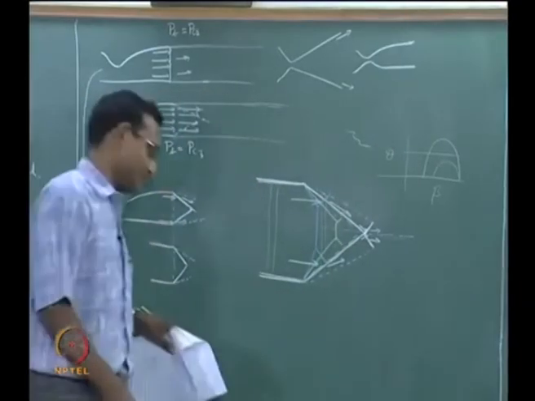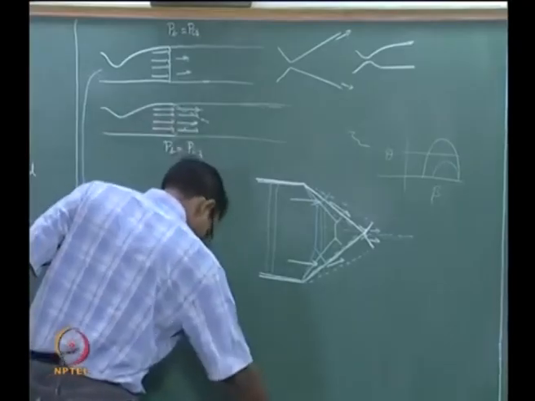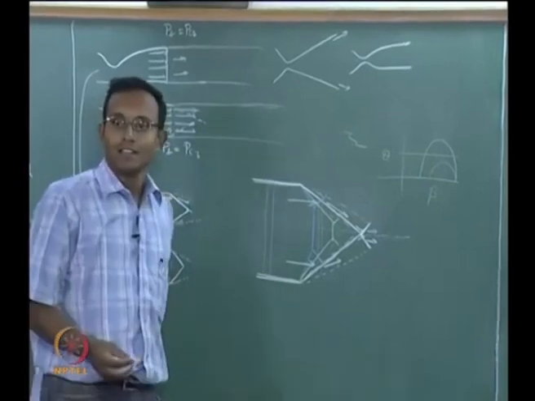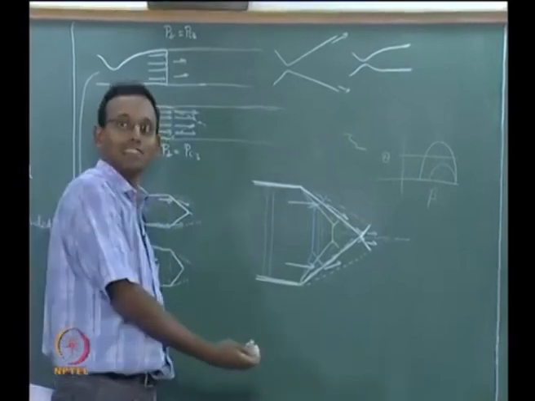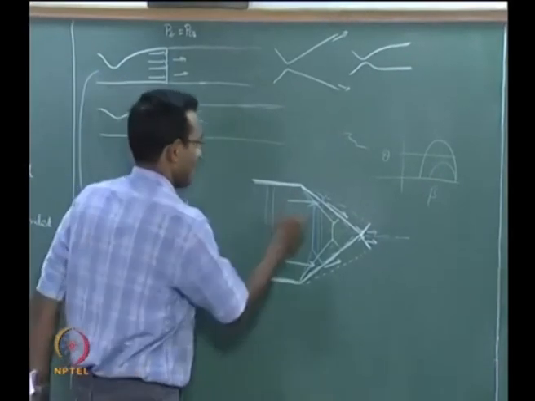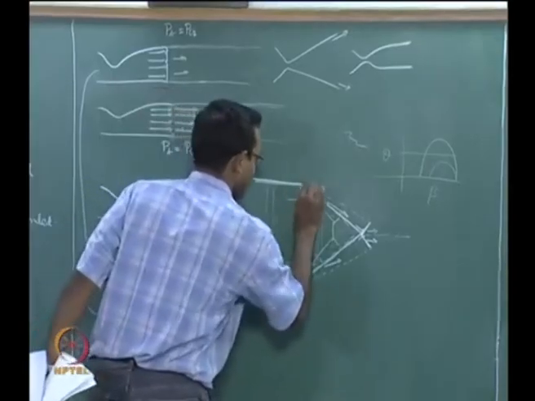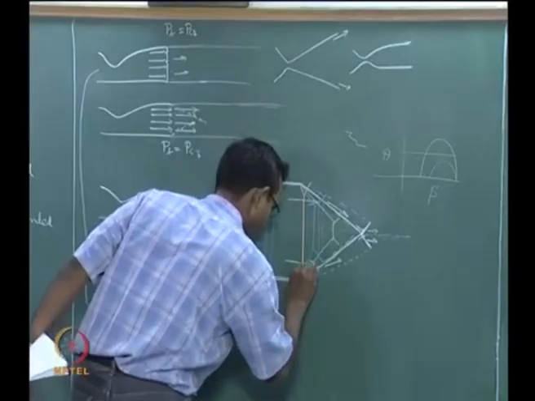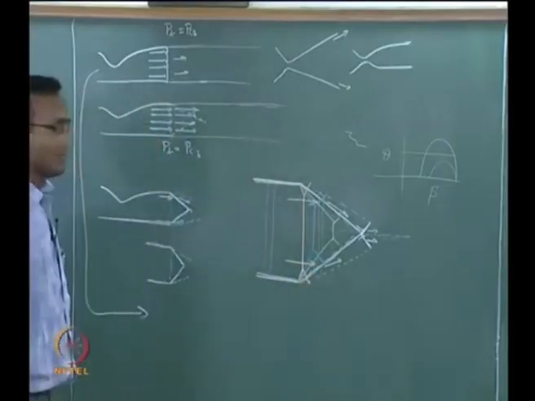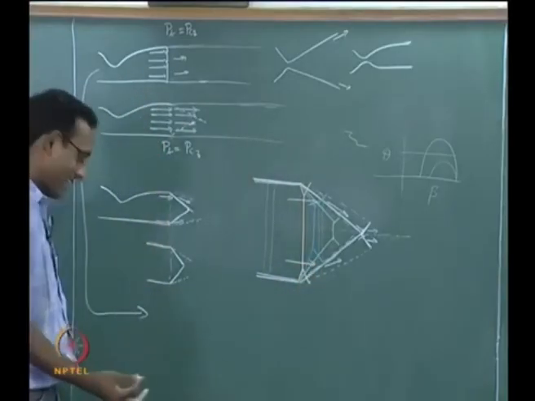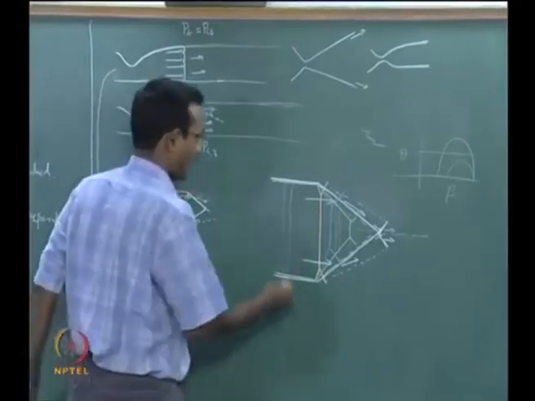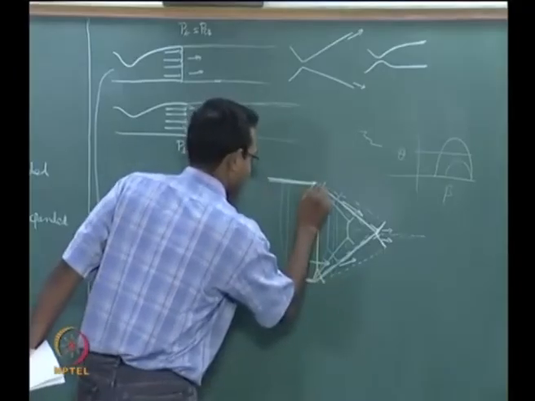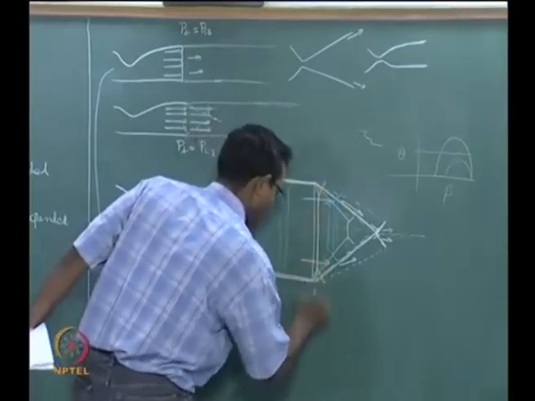And if I draw one more slightly higher PB, then I may have this. If I increase any more, let us say I reach my back pressure original PC2, then I will just have one straight shock out here.